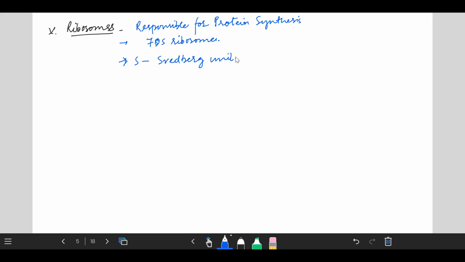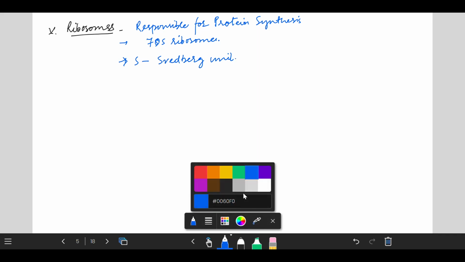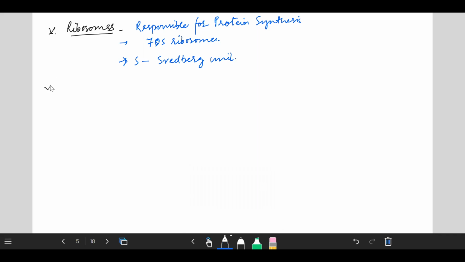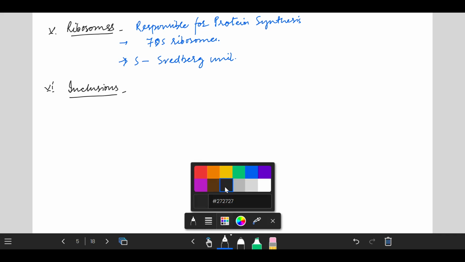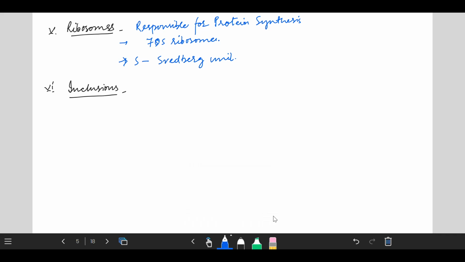Now the next is inclusions. Some prokaryotic cells have the ability to store excess nutrients within cytoplasmic structures known as inclusions.